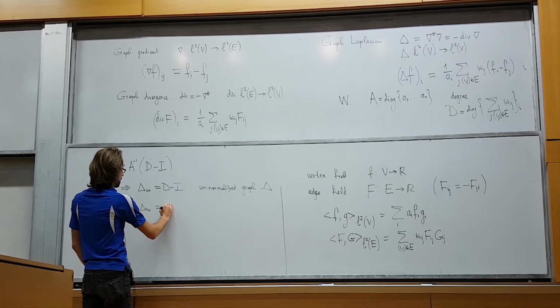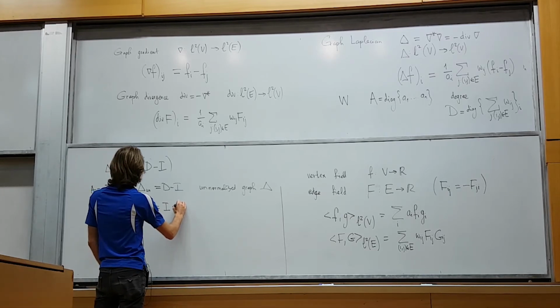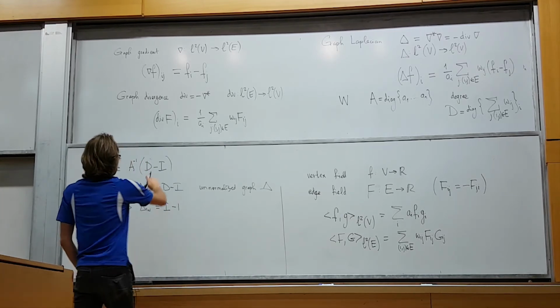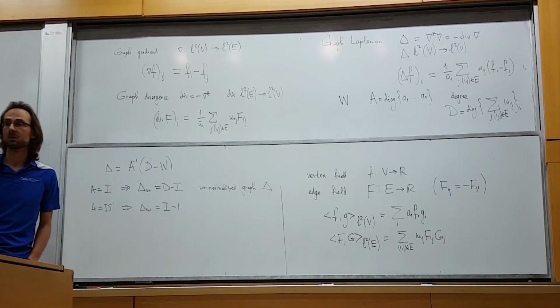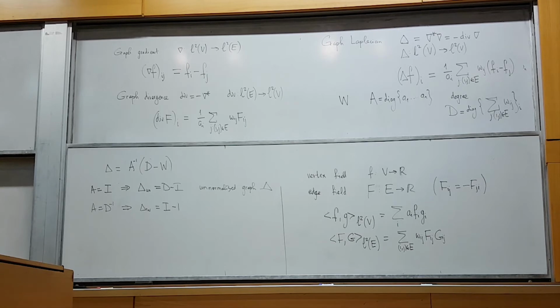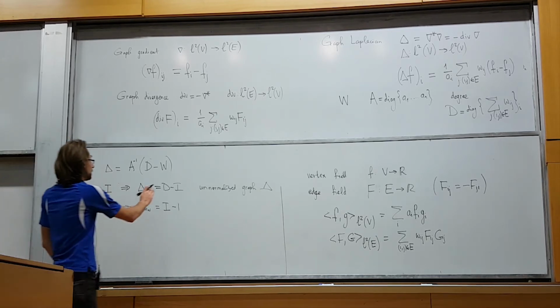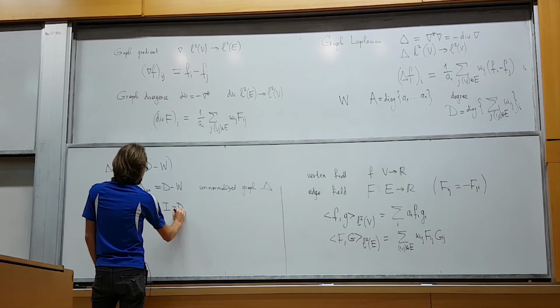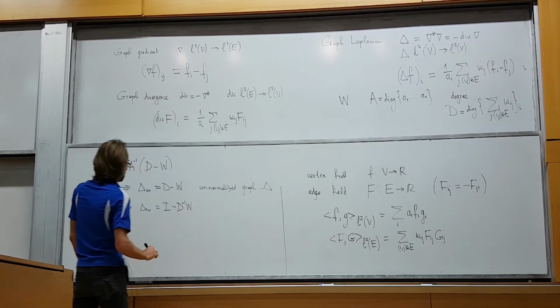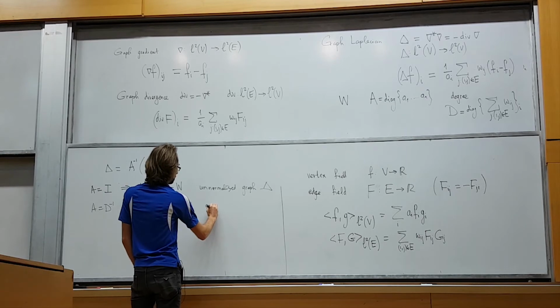It will be I minus, sorry, it's not I, of course. It has to be W. It's W acting on F. So it is D minus W, of course, and here it will be I minus D inverse W. This is called the random walk Laplacian.